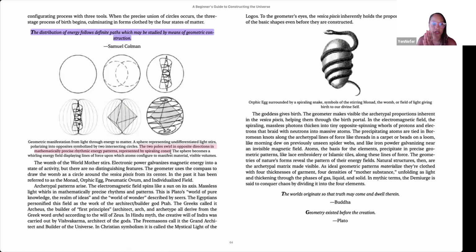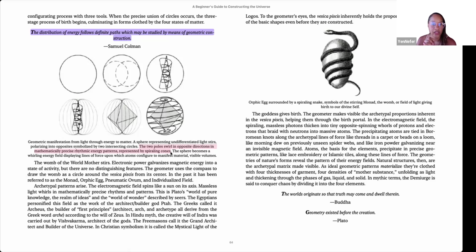The sphere becomes a whirling energy field, displaying lines of force upon which atoms configure to manifest material visible volumes.